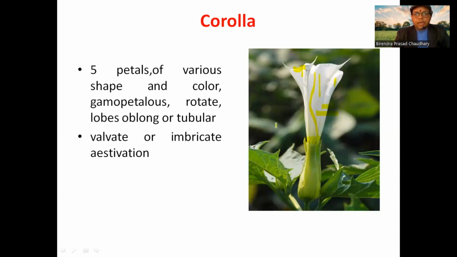Their estivation is also valvate or imbricate. So in calyx and corolla, in both, the estivation is valvate or imbricate. So these are the things we have to consider about the corolla.